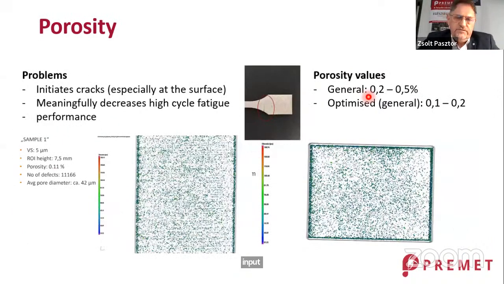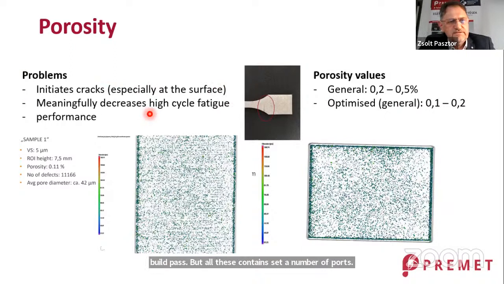So concerning the porosity, or I would start with the porosity. As-built parts always contain a certain number of pores. The problem with the pores is that they initiate cracks, especially the pores which are situated at the surface of the product or of the parts.